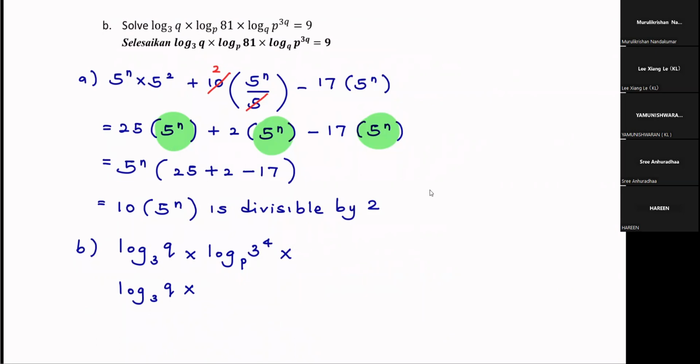Okay. So I'm going to put log 3Q. Okay. 9. Okay. How to combine this? Everything that's different base. Times plus.